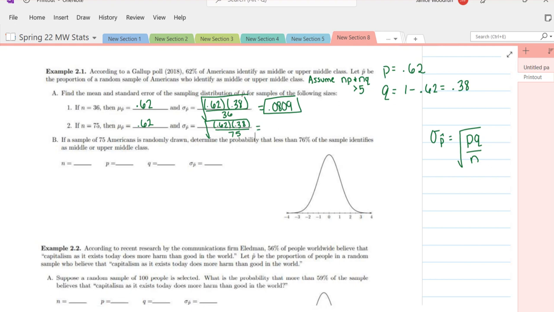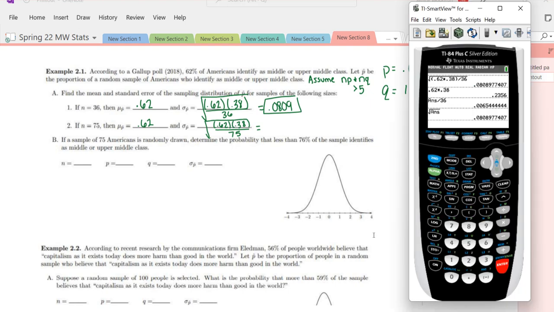So the standard deviation of the proportion will change based on the sample size. So you have square root, parentheses, 0.62 times 0.38, close parentheses, divided by 75. There we're going to get 0.0560.